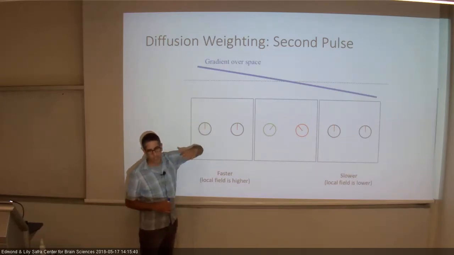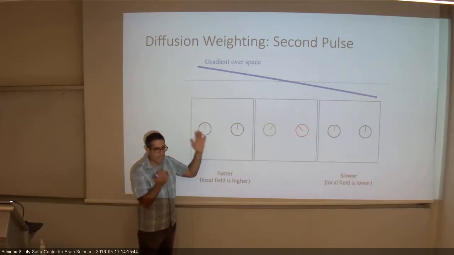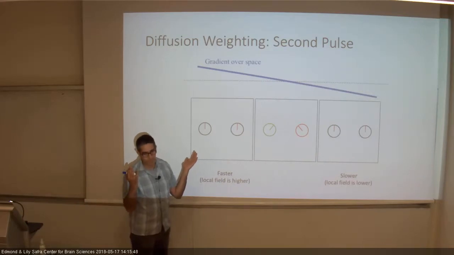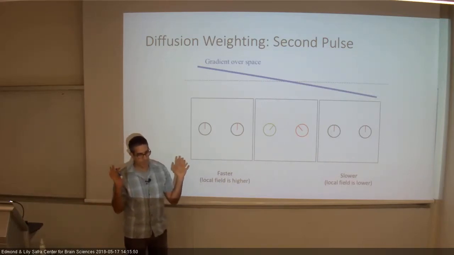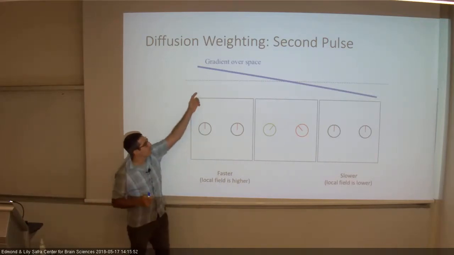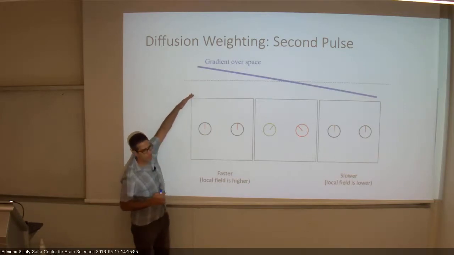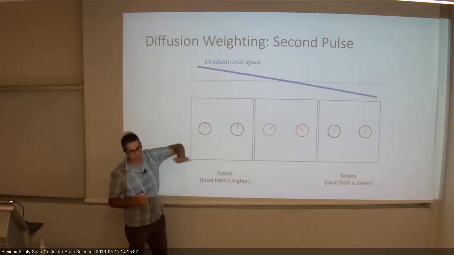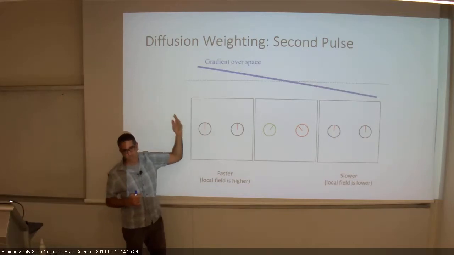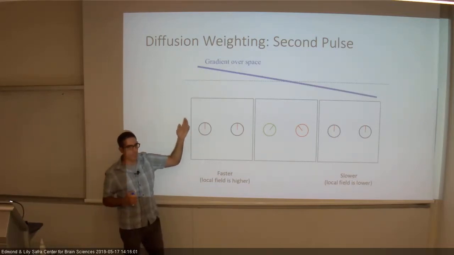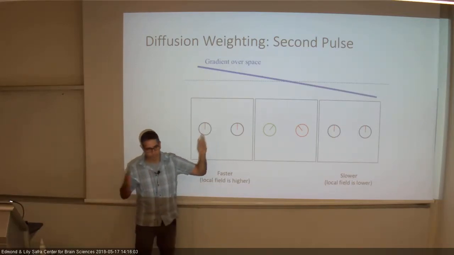I could do it in the Z, and I can do some combination of X and Y. That way I will be able to measure diffusion in 3D. Fine? This one was in X, I could have done it in Y, could have done it in Z, and I could do a combination of that.